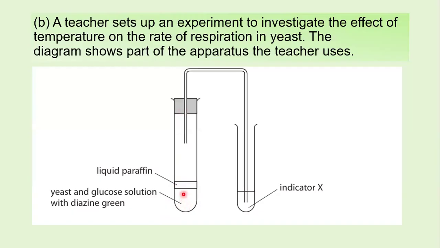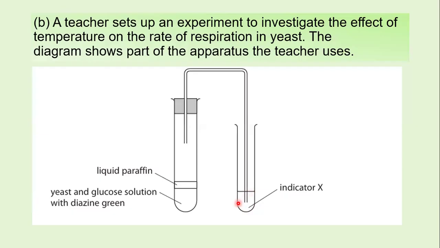Carbon dioxide is a gas and it is passed through this delivery tube into the second test tube, the boiling tube, which contains an indicator solution.